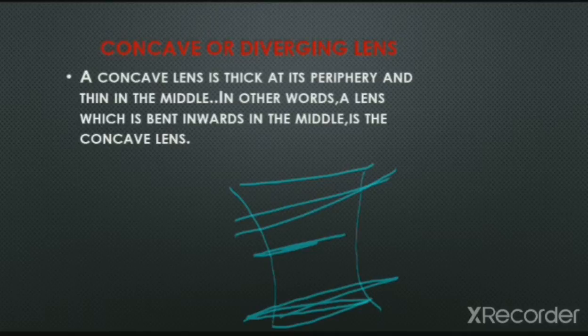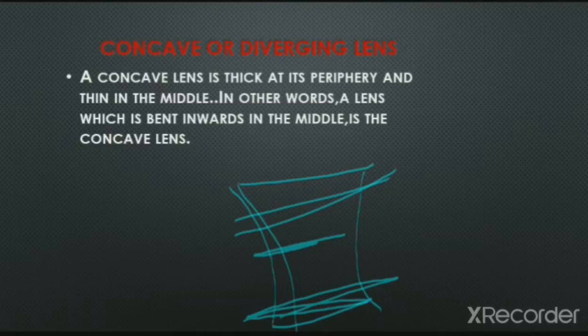This is about touching it: by touching it, you can tell a convex lens or a concave lens. Second, if you pass a ray of light, the ray of light will diverge in the case of a concave lens. By this action also you can say that this is a diverging lens. Also, if you see a concave lens, it is bent inward in the middle.